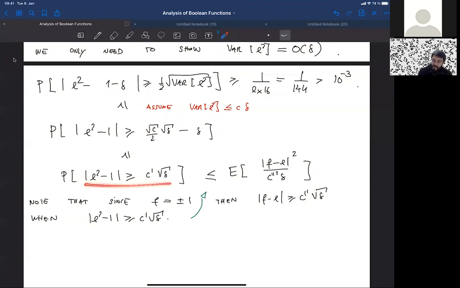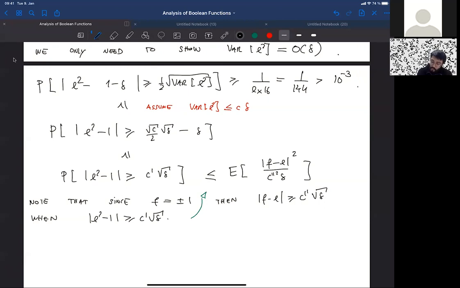Because in this set, this is always true. So if you divide and take the square, this bit is always greater or equal than 1. So this probability is less or equal than the expectation of the indicator of the set, but then you can just multiply the less. In any case, it's easy to see that. Another way of seeing this is by Markov's inequality, but in any case, you have that.